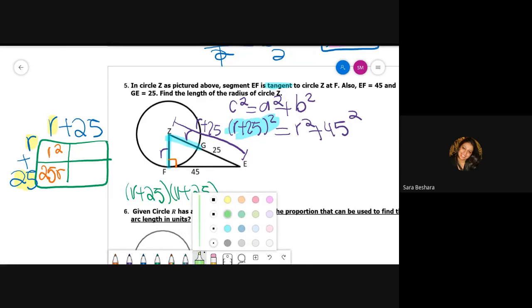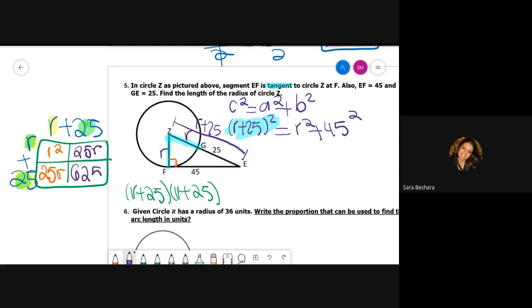We multiply 25 times r, so 25r. And then 25 times 25 would be 625. We combine these together, so we get r squared plus 25r plus 25r is 50r plus 625. That's it. That's what goes here.